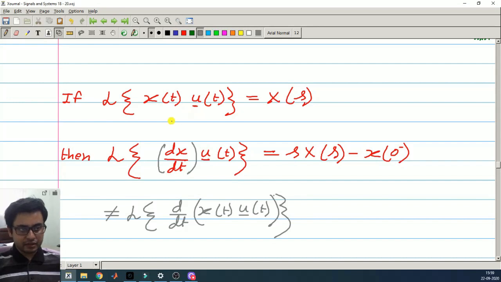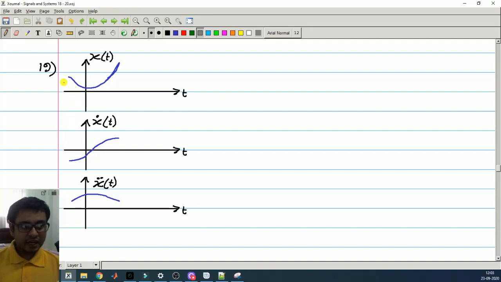In standard textbooks you will find this written as u only. Okay, great.